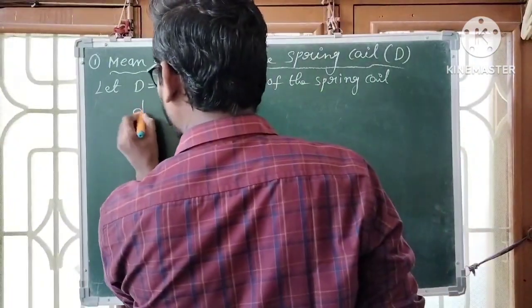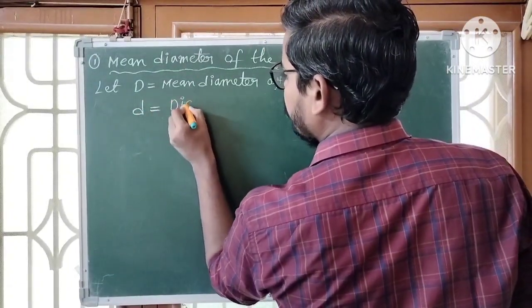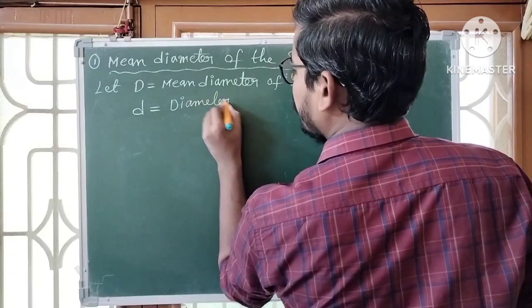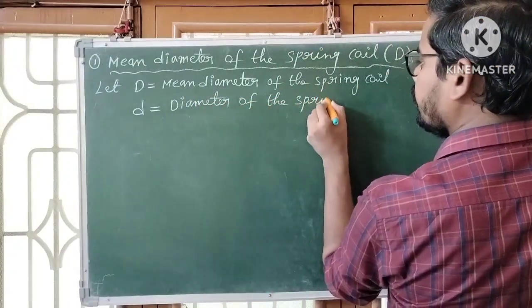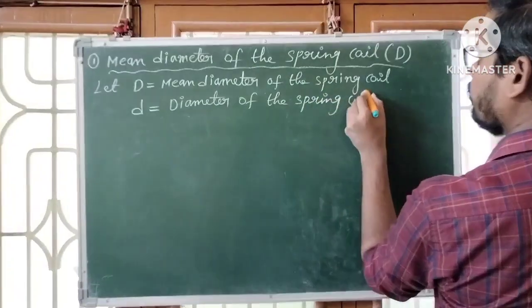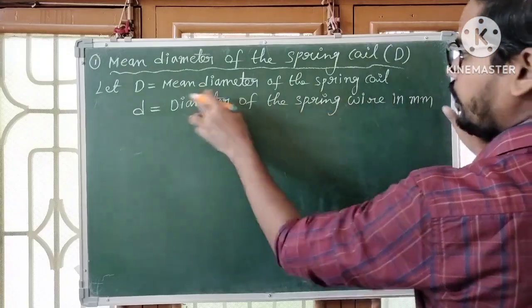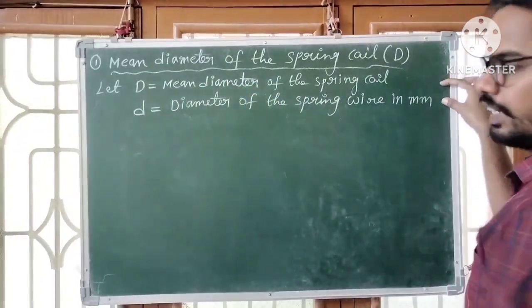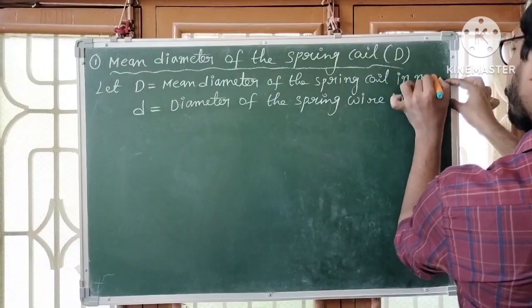Let capital D be the mean diameter of the spring coil in mm. Next, small d is the diameter of the spring wire in mm.